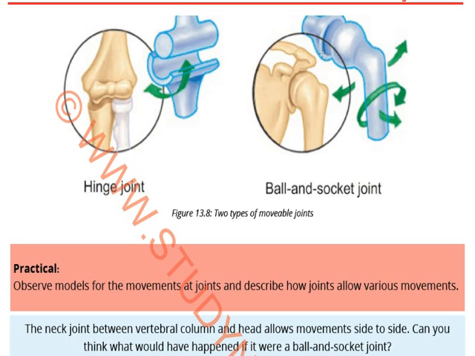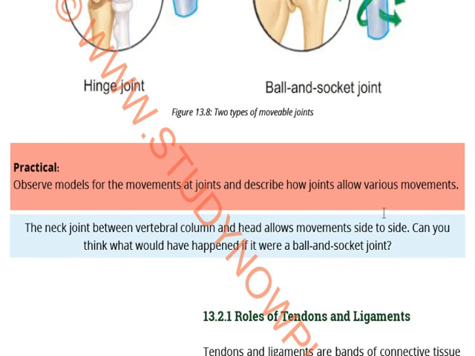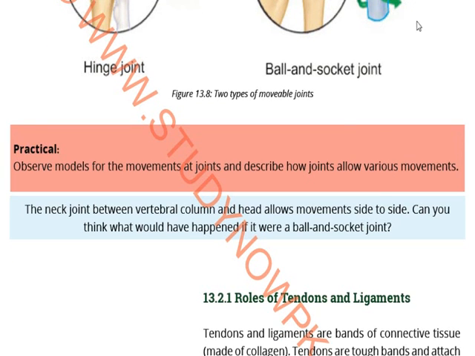The ball and socket joint moves back and forward, and it can rotate also, but the hinge joint can move in one plane only. The examples are very important for proper understanding.